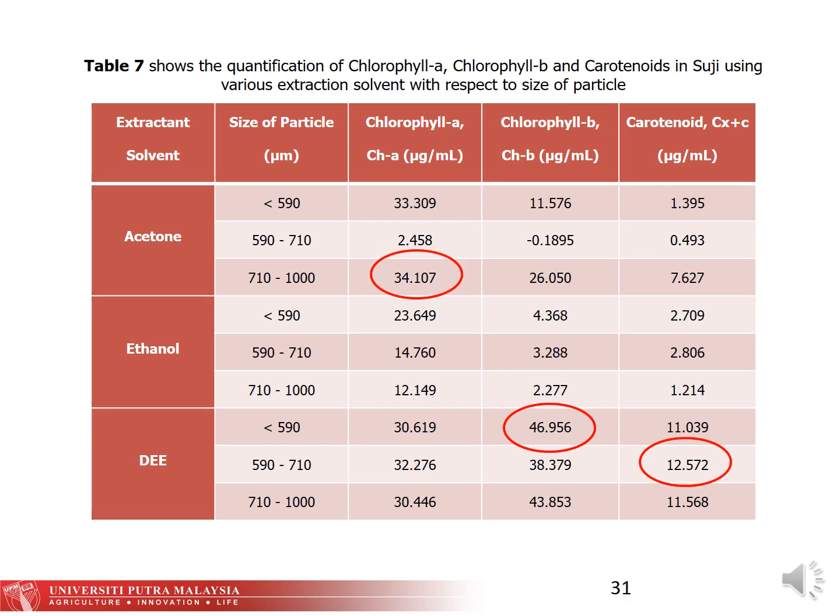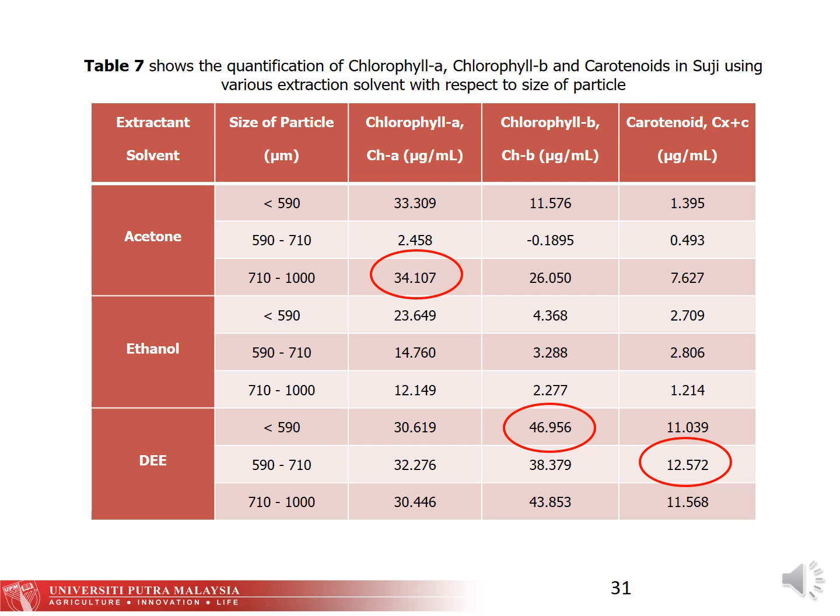Table 7 shows the quantification of chlorophyll A, chlorophyll B and carotenoids in suji using various extraction solvents with respect to size of particle. Based on this table, chlorophyll A was obtained the highest when acetone was used to extract suji leaf particle size of between 710 to 1000 micrometer, giving a concentration of 34.107 microgram per milliliter.